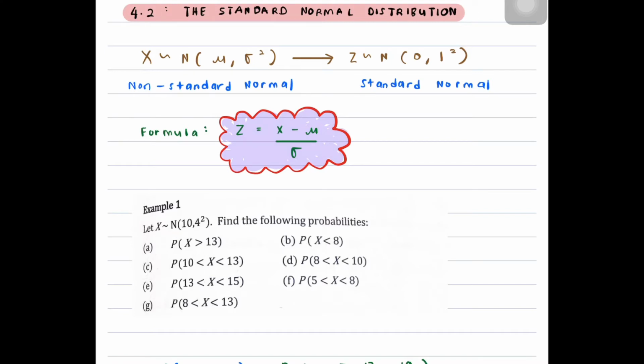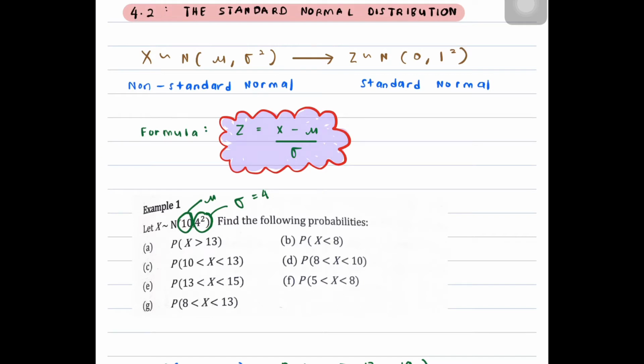The first number here refers to the mean value and the second number refers to the sigma, or standard deviation value, which is equivalent to 4. 4 squared is the variance, so your sigma will be equal to 4. The first question asks you to find the probability of X more than 13. X here means this is a non-standard value.